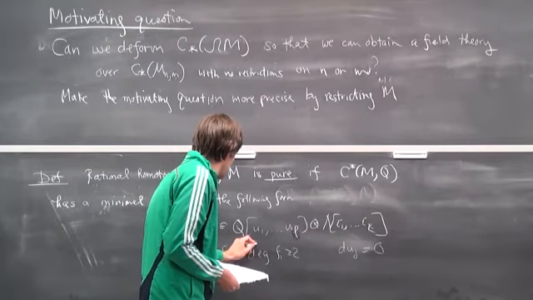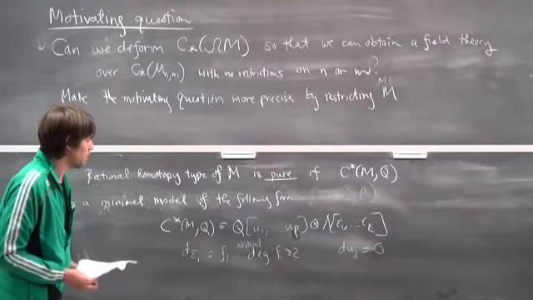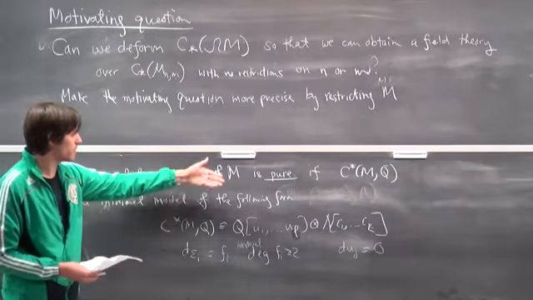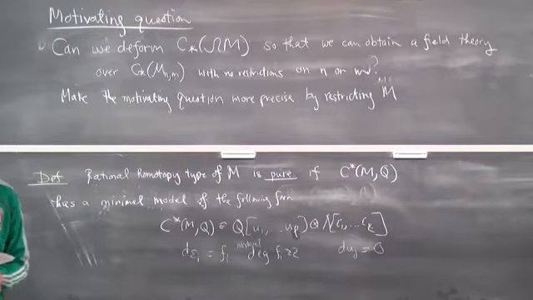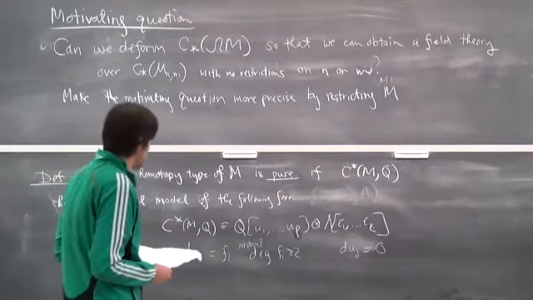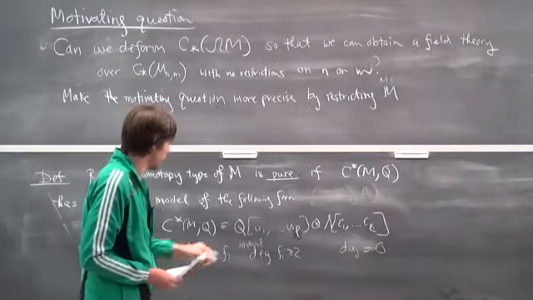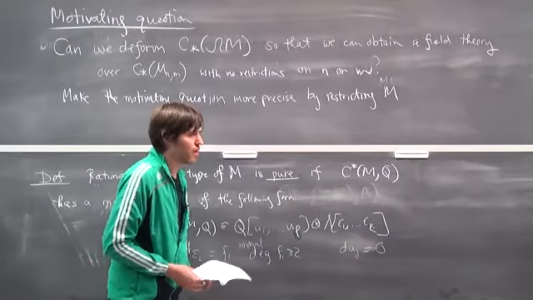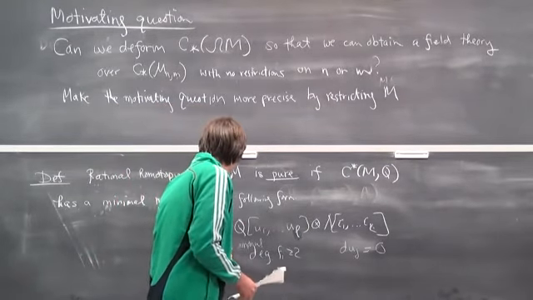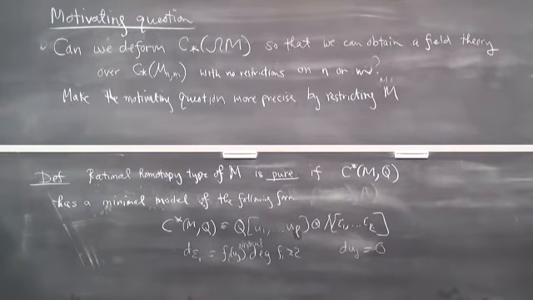I also want M to be simply connected here, because I want to apply rational homotopy theory. Is F_i in the algebra generated by the U's? Right, F_i is in the U's. Okay.